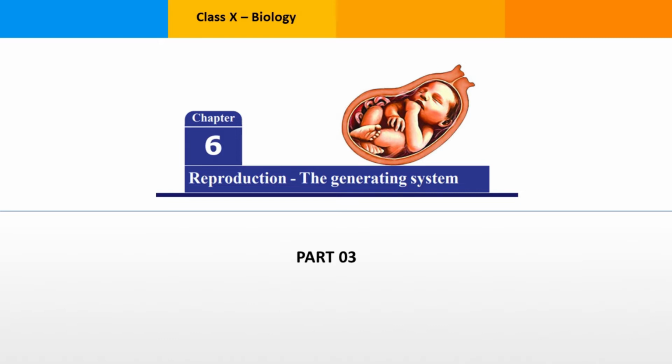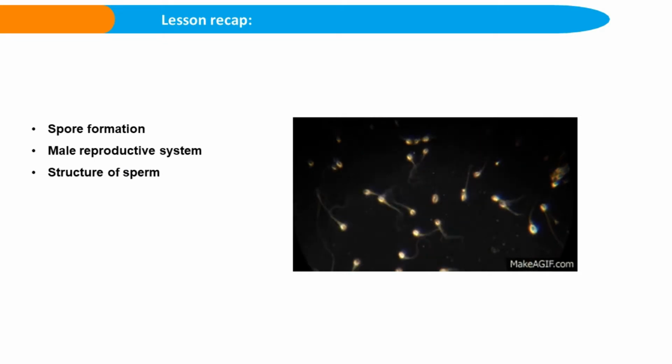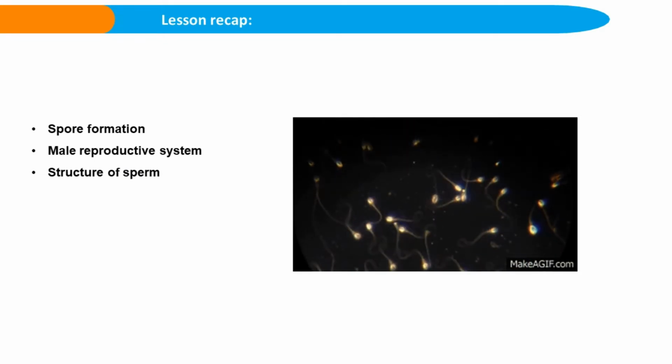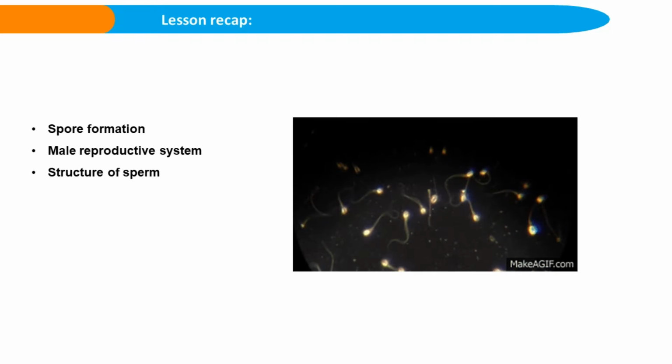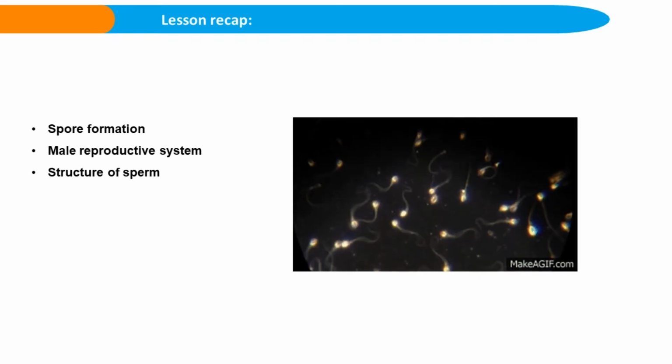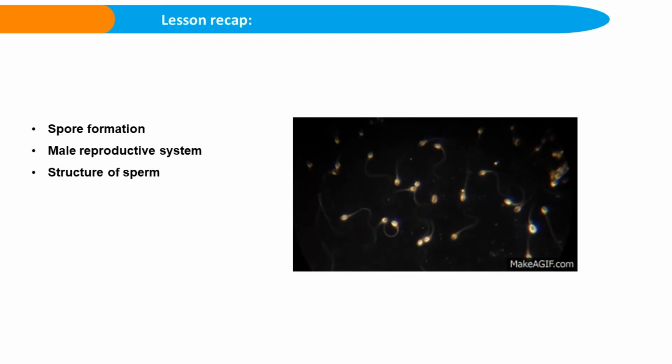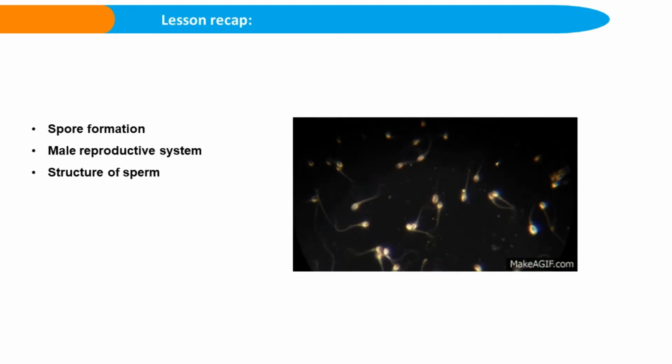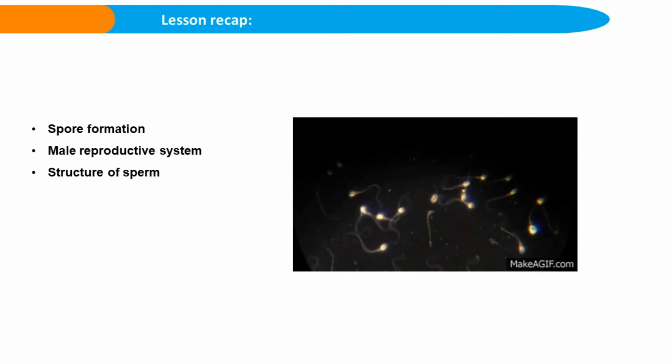Welcome to the third session of Lesson 6, that is Reproduction, the generating system. In our previous class, we learnt about spore formation, which comes under asexual reproduction, and sexual reproduction in mammals, and we learnt about the male reproductive system and the structure of sperm.